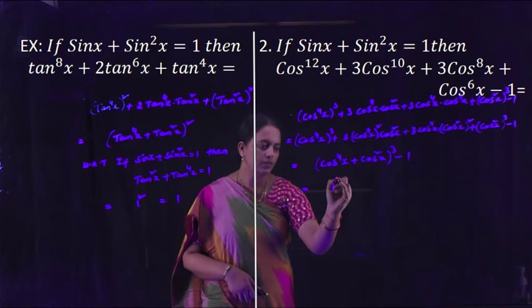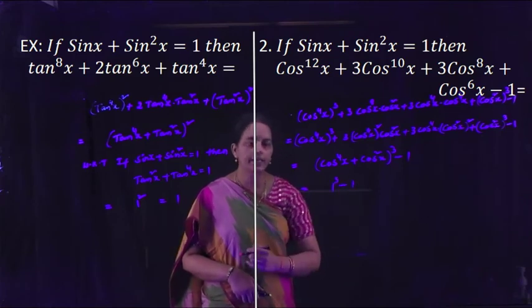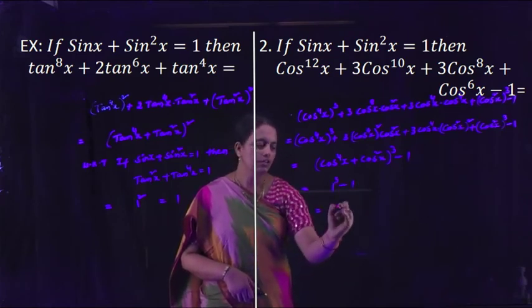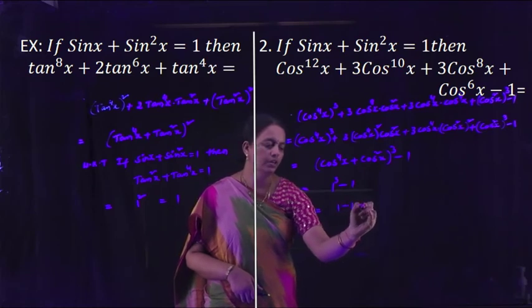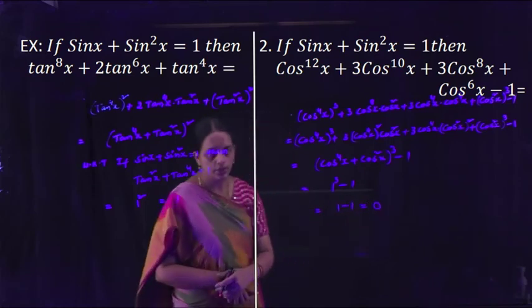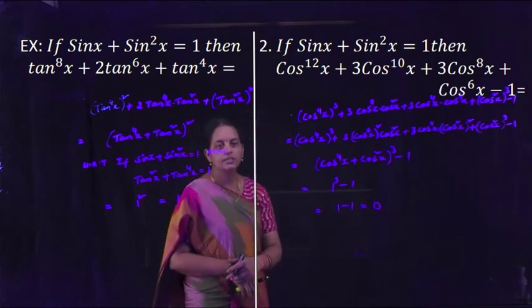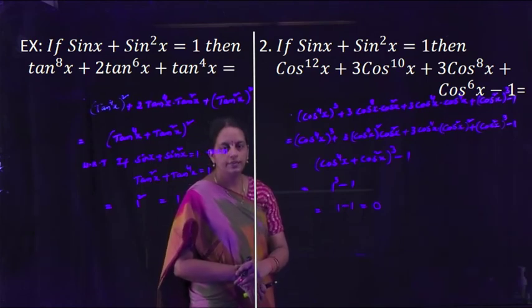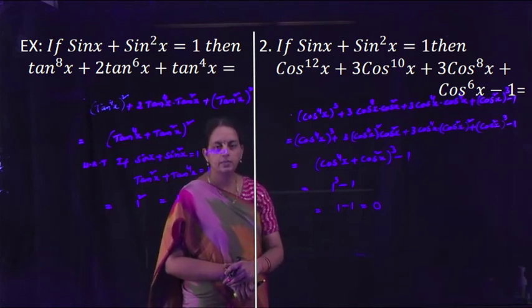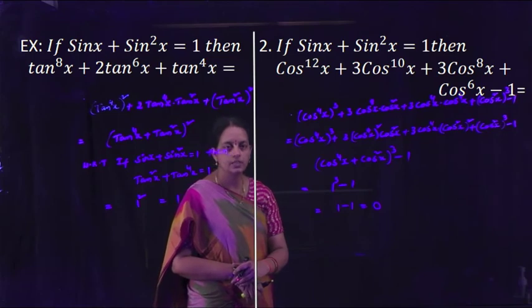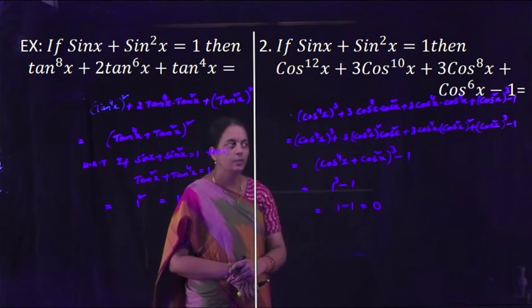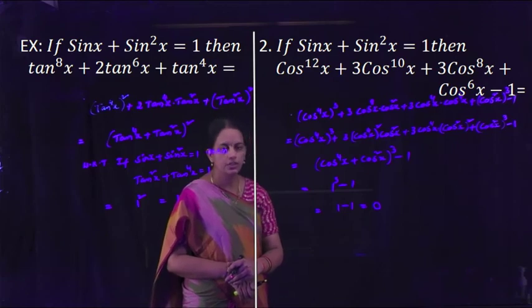So this is equal to 1 cube minus 1, which is equal to 1 minus 1, that is equal to 0. If sin x plus sin square x is equal to 1, then cos power 12x plus 3 cos power 10x plus 3 cos power 8x plus cos power 6x minus 1 is equal to 0.